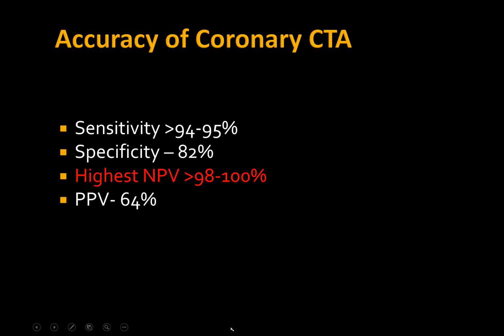The main strength of CT coronary angiogram is the negative predictive value, which is almost 100%. So when we radiologists say there is no CAD, it is easier for cardiologists not to send this patient for catheter angiogram.